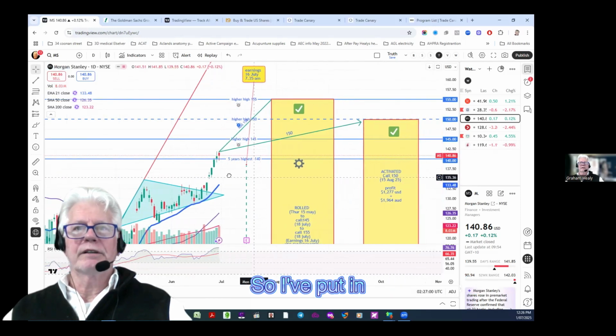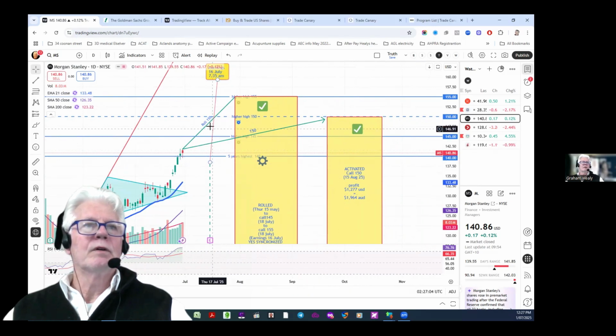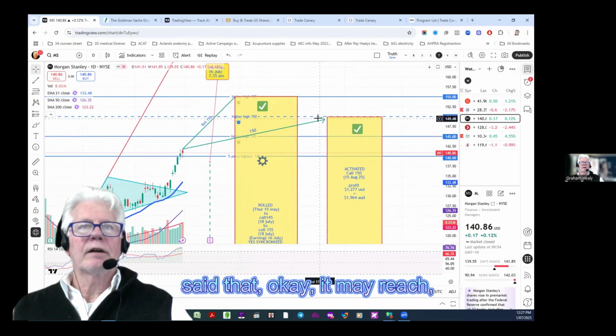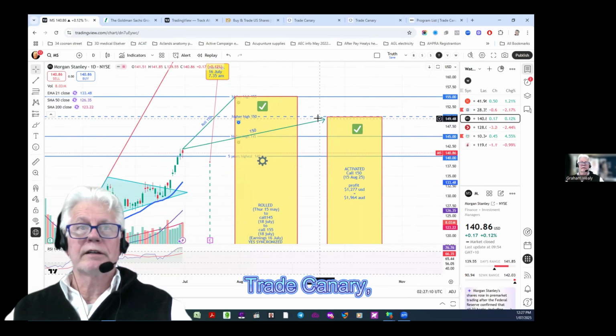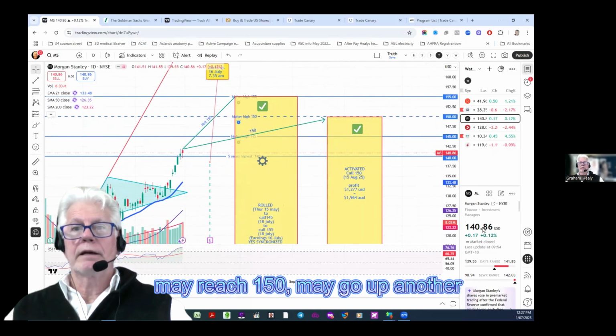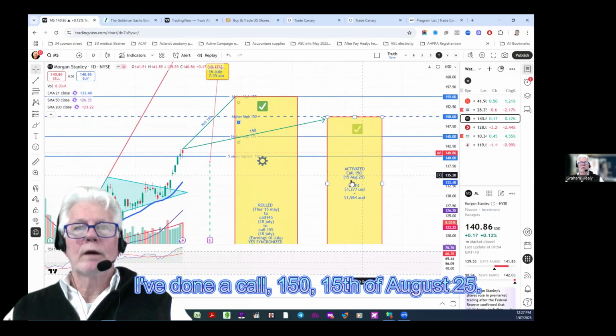So I've put in a trade here where I've calculated, using the data on Trade Canary, it may reach 150, may go up another $10 to 150. I've done a call, 150, 15th of August 25.